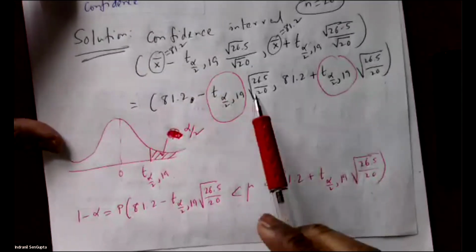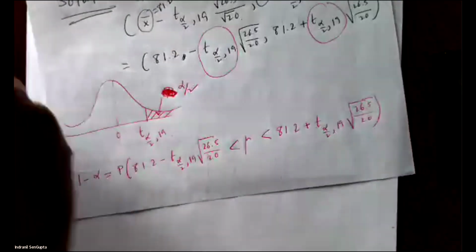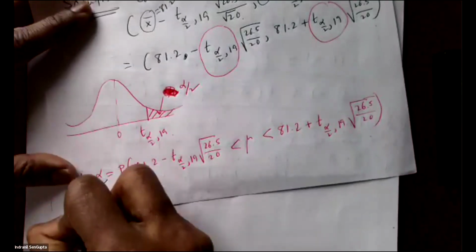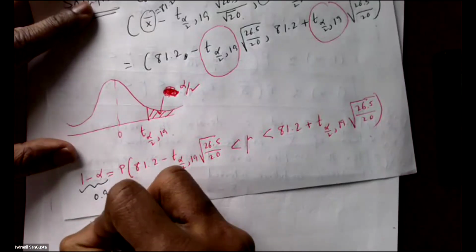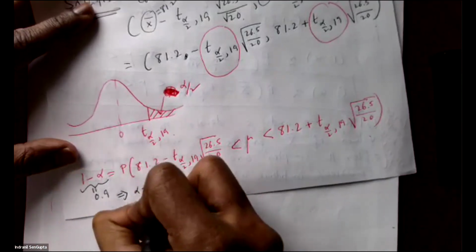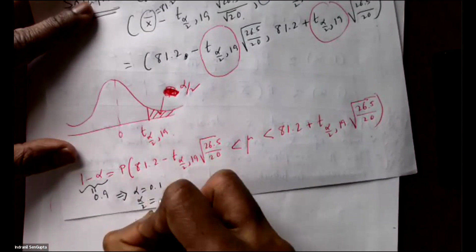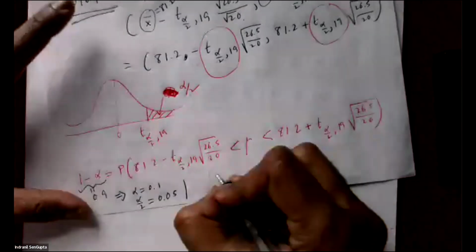Okay. For the first case, we want a 90% confidence interval, right? So we want this number to be 90%, 0.9. So in this case, alpha is 0.1. So alpha over 2 is 0.05, first one. Okay.